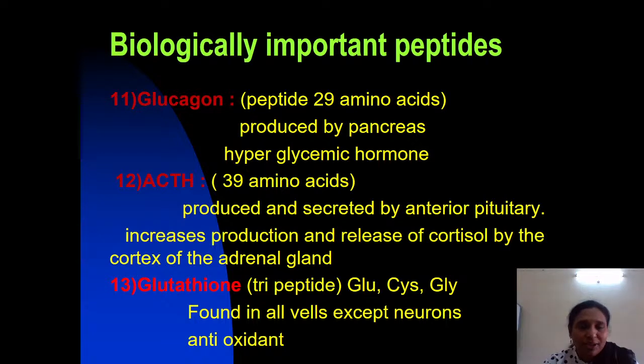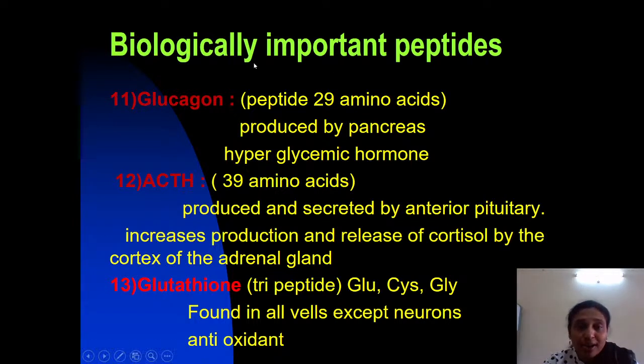The food for the brain is only glucose. So if there is a fall in blood glucose levels, the brain is affected first. Immediately the decreased glucose level is sensed, and glucagon increases the blood glucose levels and brings them back to normal.